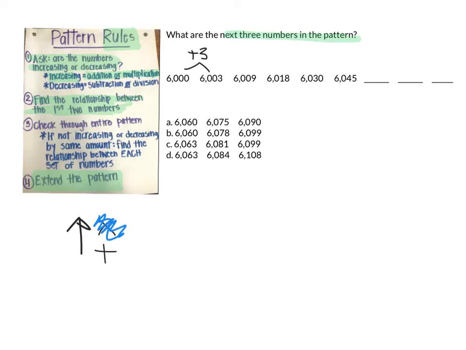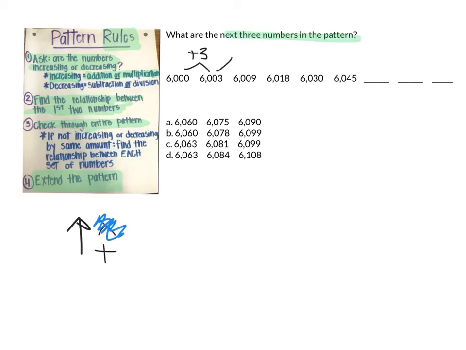Step 3 tells me to check through the entire pattern. This step is really important because my pattern isn't always going to be increasing by the same number. So let's go back and check to see if our rule of +3 is correct for the whole pattern.